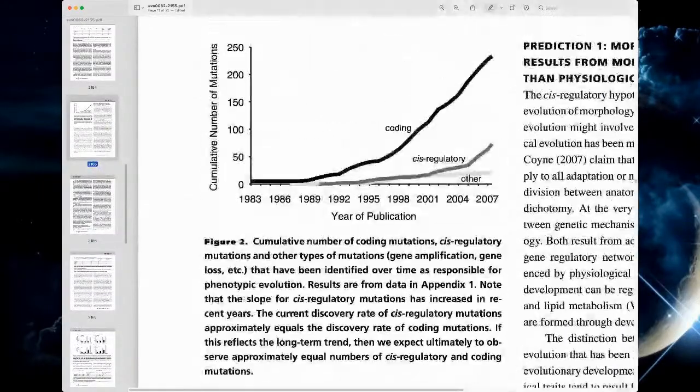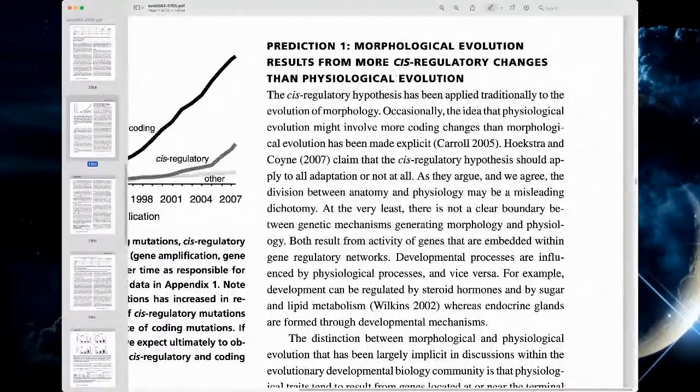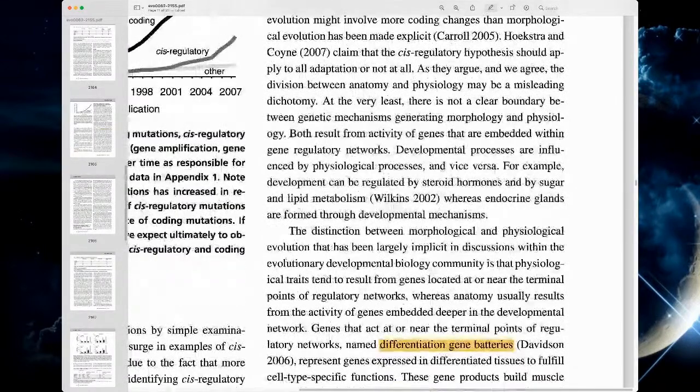Their prediction was way up here, and we gotta go that way. Okay. Morphological evolution results from more cis-regulatory changes than physiological evolution. So, what are they calling physiological evolution exactly? Maybe they made that clear earlier. That would be like endocrine changes or paracrine things that affect extracellular changes, that sort of thing.